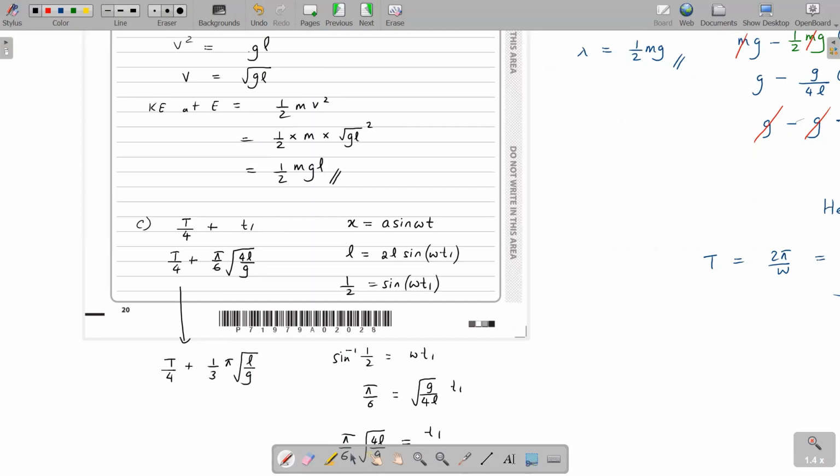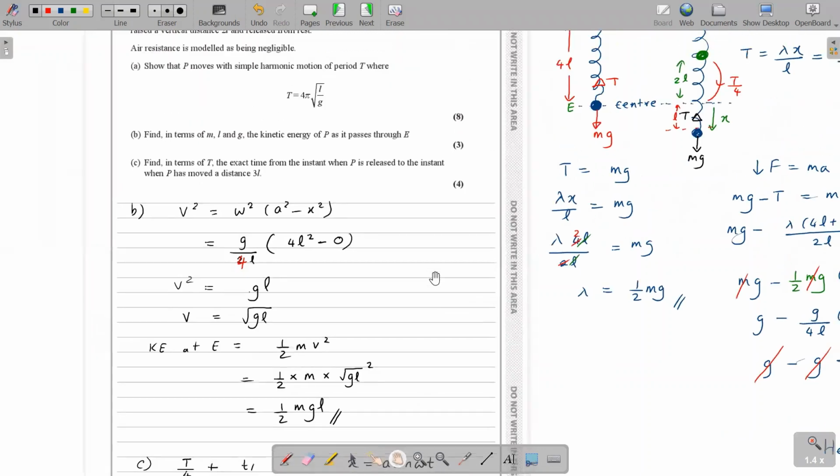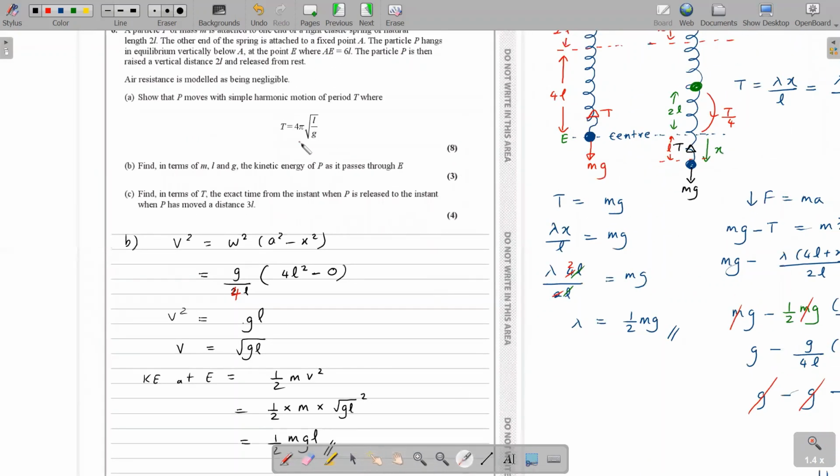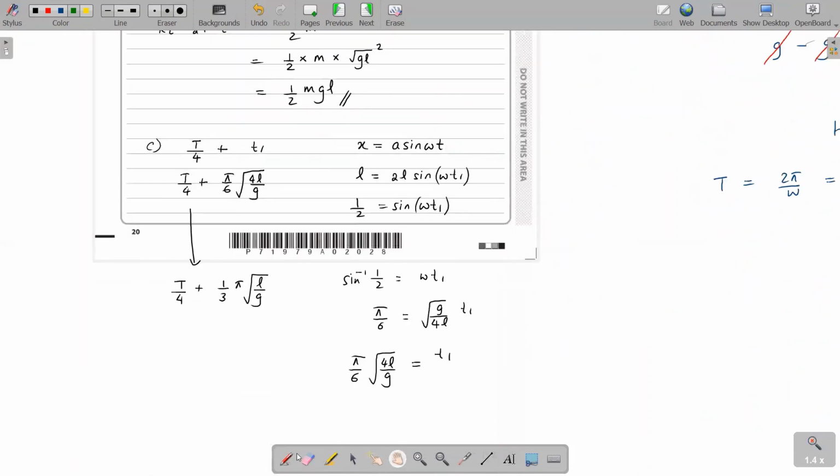Are you with me? Now I need to input T into this answer because they want the answer in terms of capital T. What did we know here? 4 pi times root L over g is capital T. So pi times root L over g equals, if you take 4 to the side, T over 4. Can you see? So I can replace pi root L over g here. This pi root L over g is T over 4.